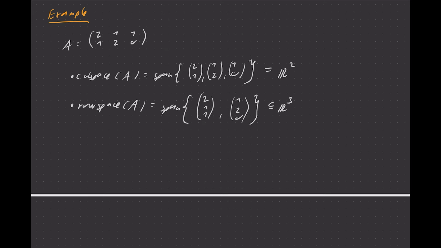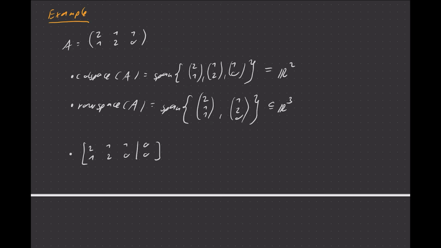And finally, let's have a look at the kernel. So for the kernel, we'll need to solve the associated system of linear equations here. We'll do this by using Gaussian elimination. So we just subtract, sorry, not 2 times.